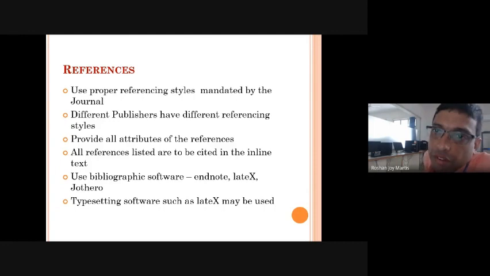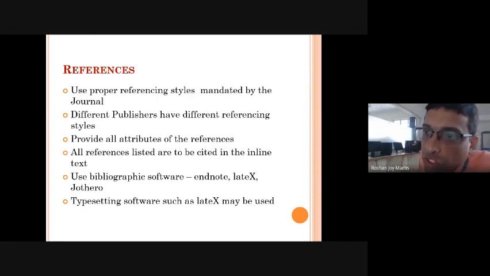And for a conference, author name, title of the paper, conference, volume, issue, page number, and year you have to mention. In some reference styles, even the city of the conference you need to mention. It depends; it varies across different styles.